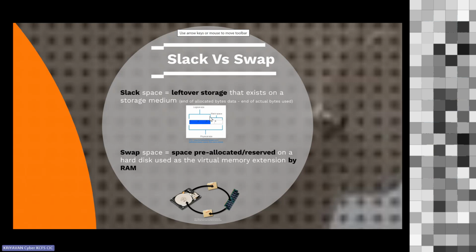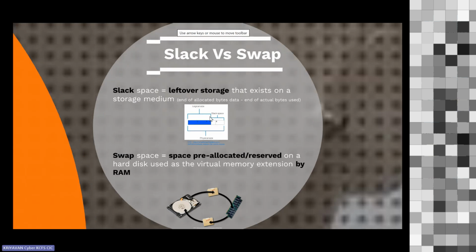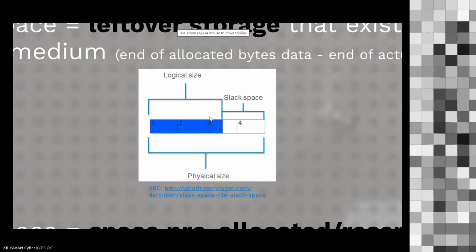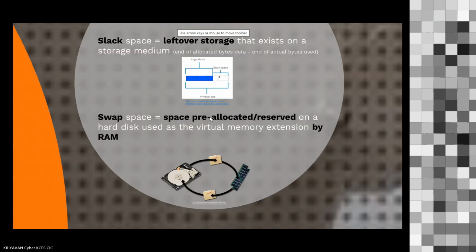If you use above 4, say 4.1, another 4 KB will be allocated to you. Fine. That is the policy followed by OS data structures. So that is called slack space. There's a separate domain called slack space forensics in which we investigate slack space. Fine. Okay. So the next thing is swap space.